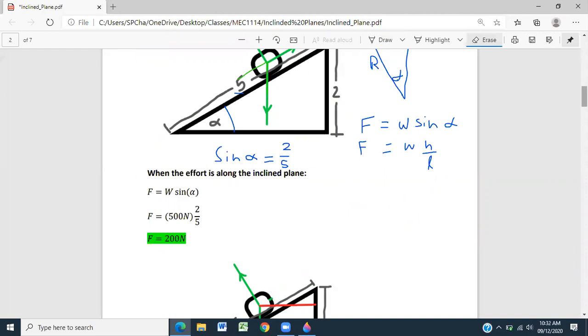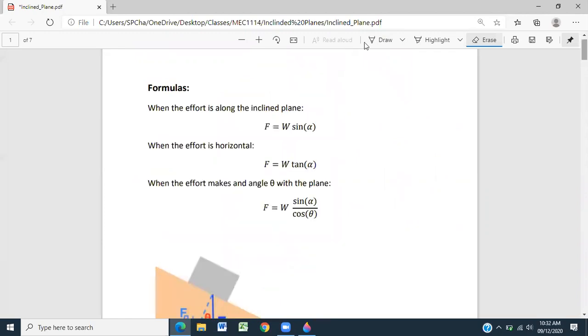And I just wrote them on the top here, so you can remember them all the time. So when the effort is along the inclined plane, with that same setup, F is equal to W sine alpha. And we can always break this down as F equal to W height over length. And we can carry over and do the work. That's the first one down.